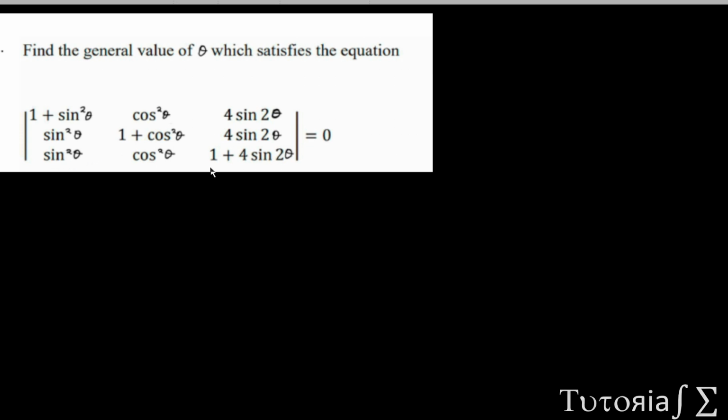Now, what we want to do is have zeros at either this point or that point, or we can choose any of the parts to be zeros. Then we move on from there.